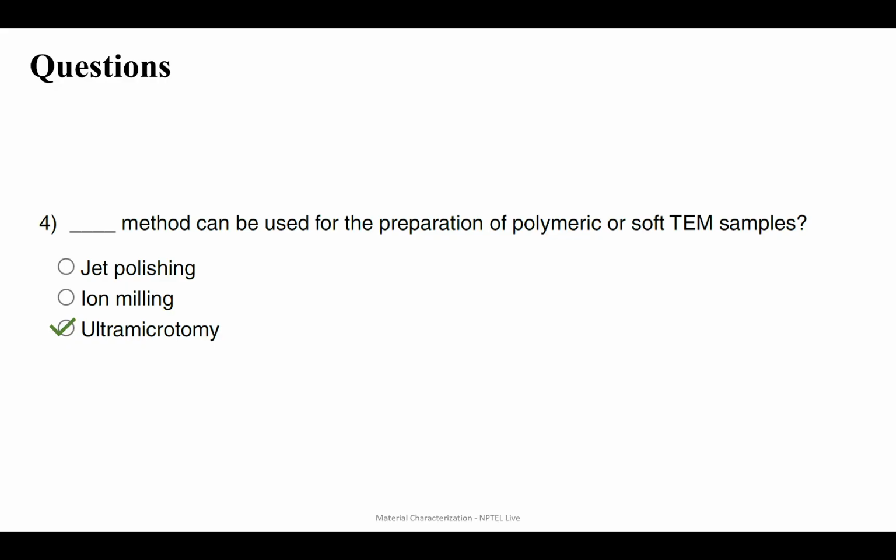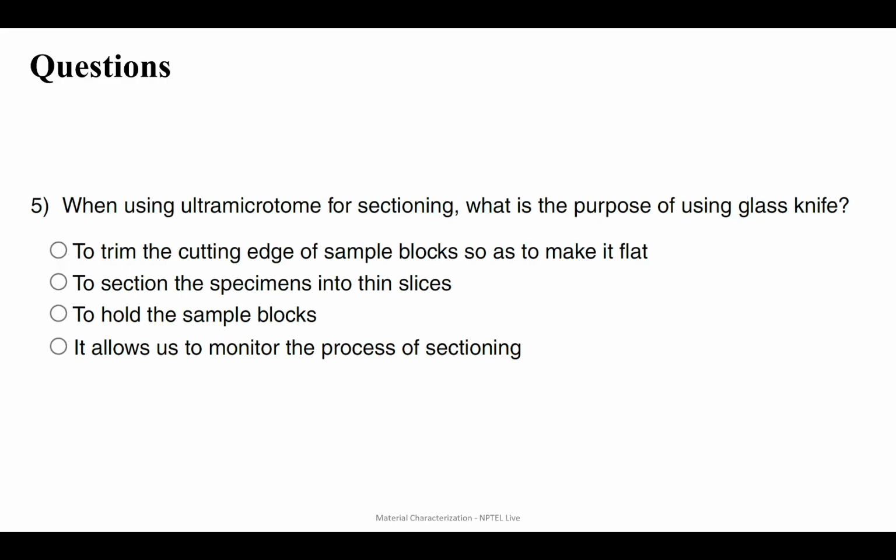So the answer to this is C, ultramicrotomy. Jet polishing is not used for polymers; it is used for metallic thinning. Ion milling is used for both metals and non-metals. Ultramicrotomy is the one that is used for polymeric and soft samples.